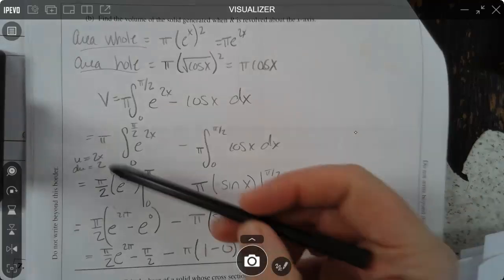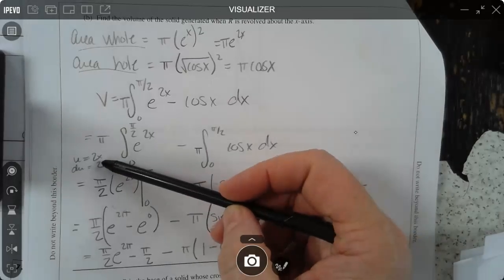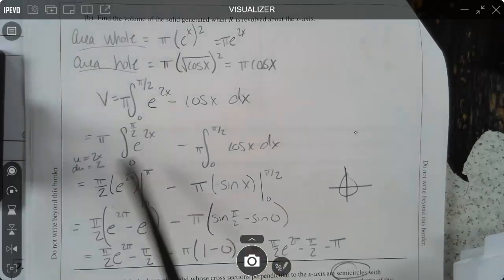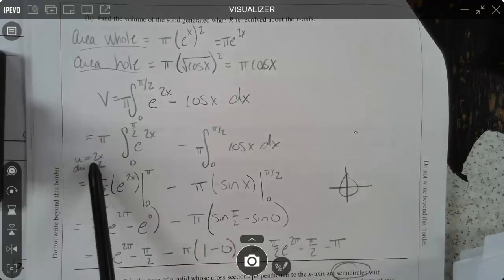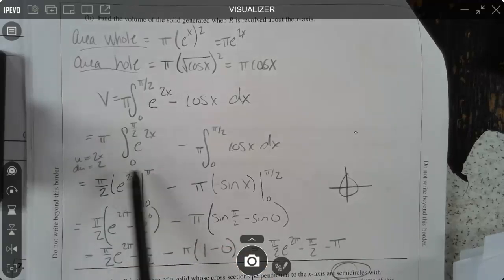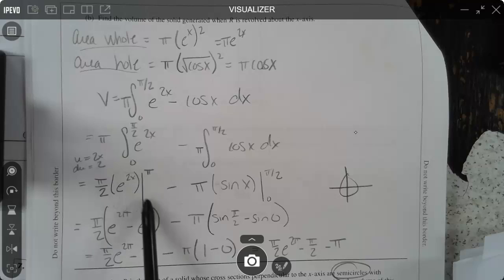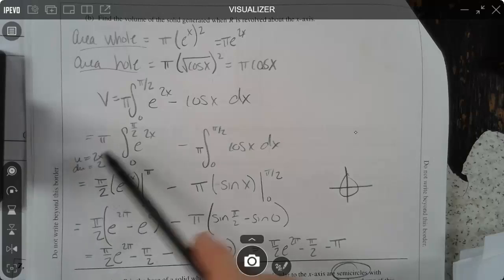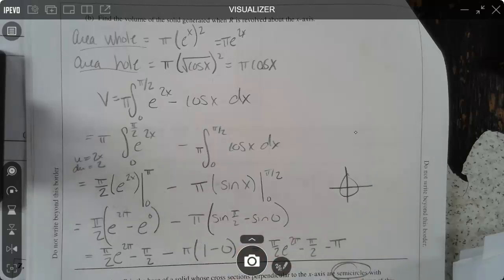So whatever my u is, I let my u be 2x. I always write it off to the side. You plug in the bounds to here. So 2 times pi over 2 is pi. 2 times 0 is 0. So 2 times this and 2 times this.